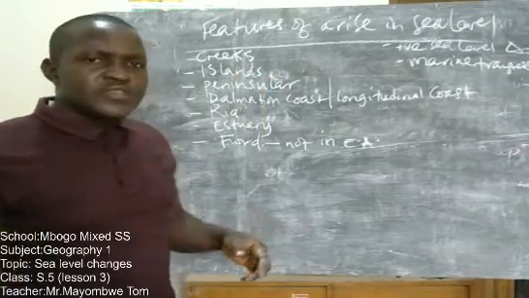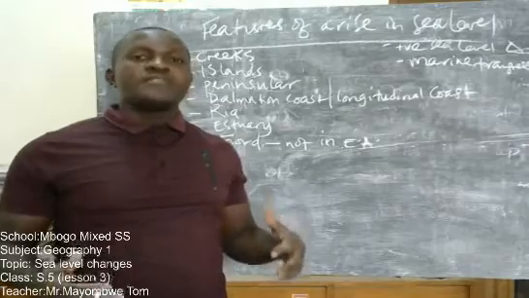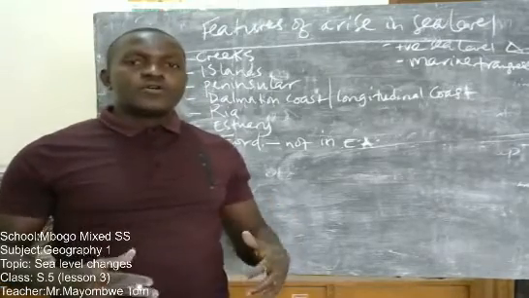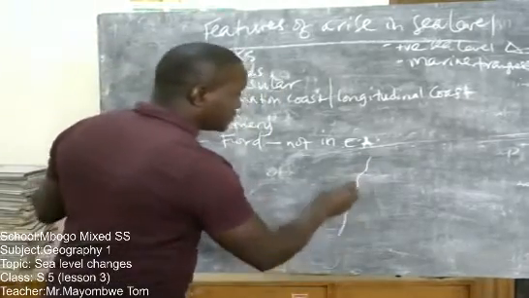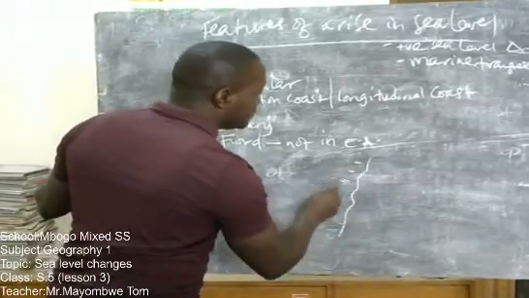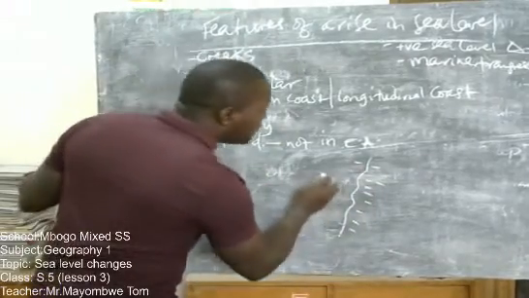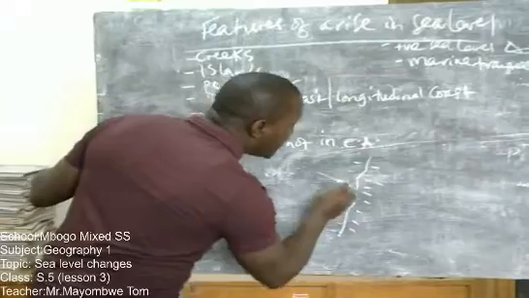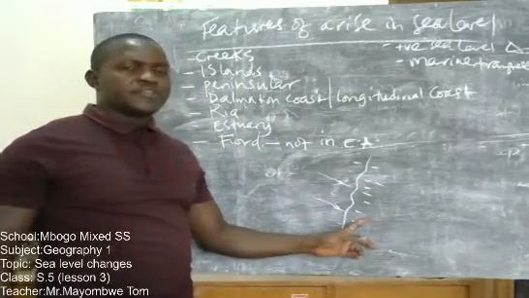We define creeks as former sea inlets which have been submerged to form larger inlets. If you have this as the coast, this is water. Then you have these small streams which are pouring their water into this ocean.